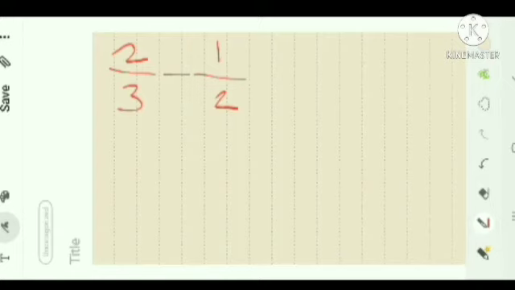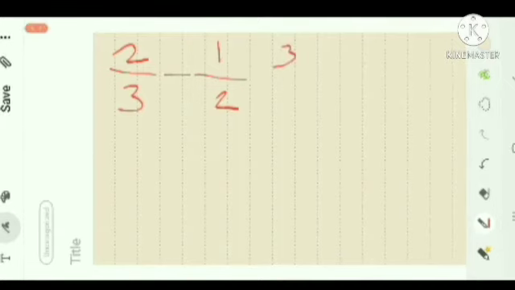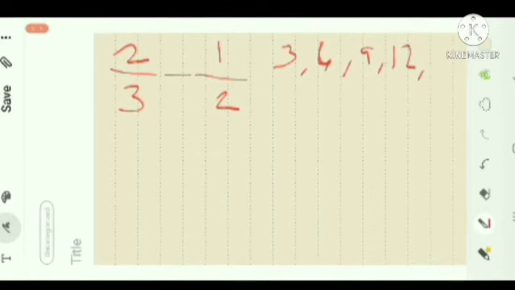So for denominator 3, we have 3, 6, 9, 12, 15, and so on.